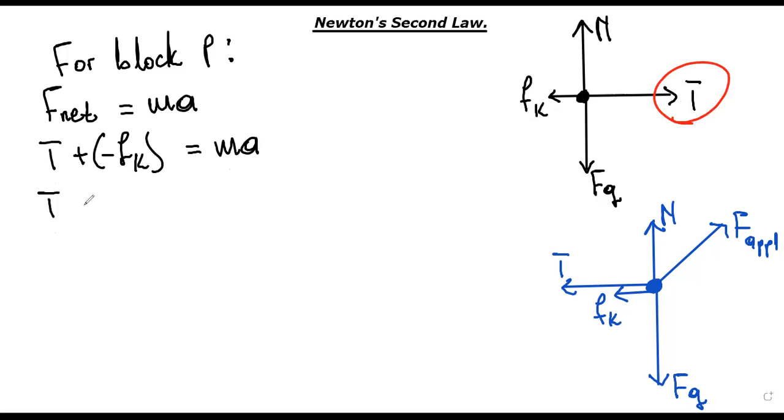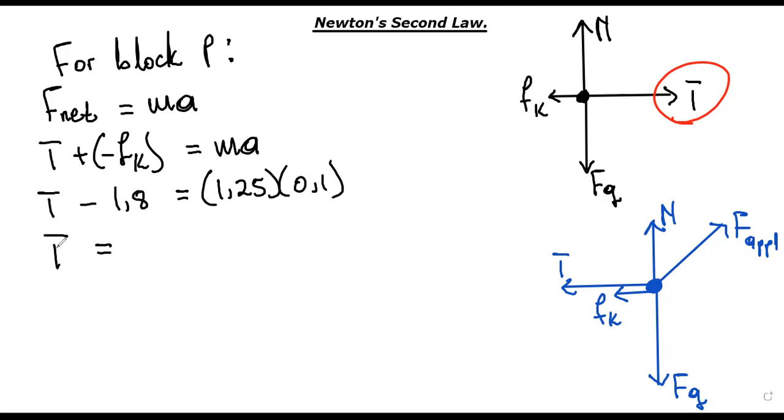Then you say T minus, they told you that the frictional force acting on the block P is 1.8 newtons. Well, the mass of this block is 1.25 kg. The acceleration is 0.1. So this is physical sciences. You don't need to show us your workings because we only mark the formula substitution and the answer. We don't mark your simplifying. But of course, you can simplify so that you don't make mistakes.